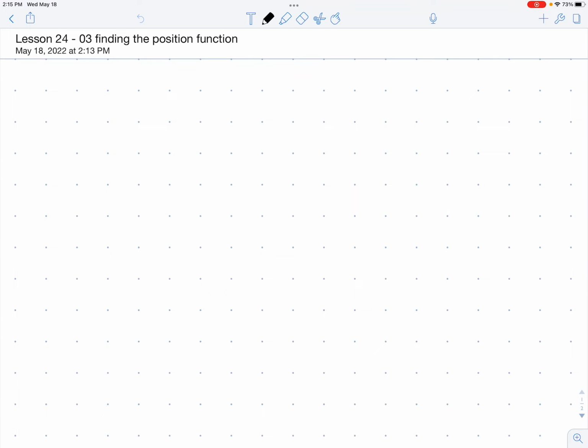All right, so what does that mean? Let's look at an example. I have a moving particle that moves along the x-axis with an acceleration given by this function f(t).